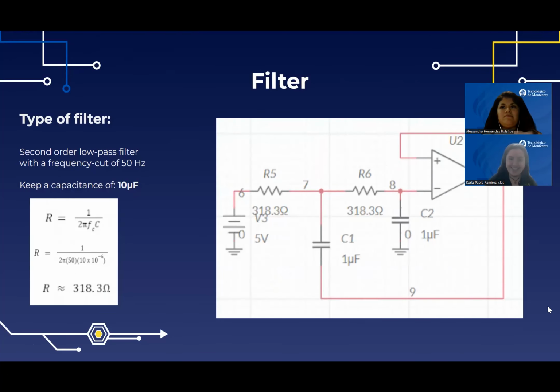We replace the values, getting that our resistance is 318.3 ohms. Now we can make the simulation, which is now shown.